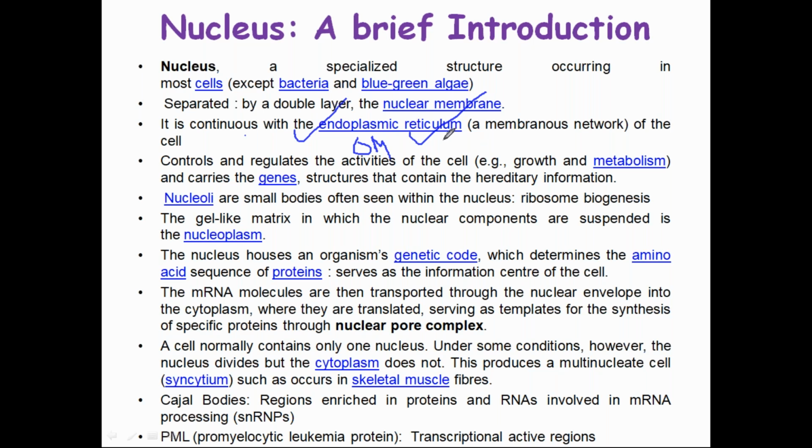That is why whatever is synthesized in your nucleus can be easily transported to the endoplasmic reticulum, and from the endoplasmic reticulum it can go to any part of the cell: to the Golgi, to the nuclear membranes, to the nucleoplasm, anywhere. The lumen means the space. The spaces are not isolated, they are connected. It is like a tunnel.